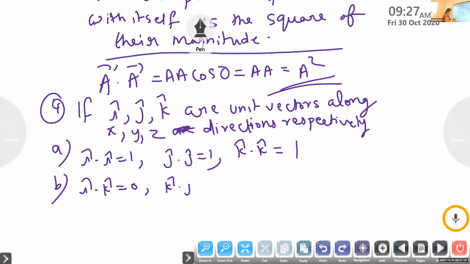Similarly, i dot k is 0. Next one, j dot k. J dot k also 0. Then k dot i also 0. But in the exam, it will be given as an equation. x square i plus 3x cube j plus 4x square k, dot product with another vector.